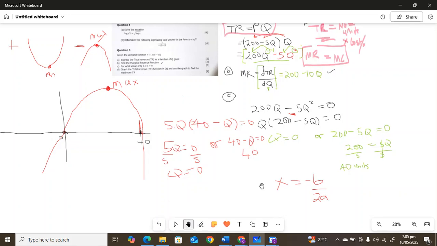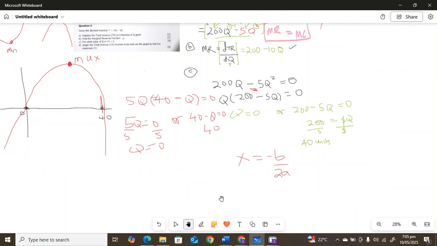To get your x coordinate for the maximum value for a quadratic equation, it's x equals negative b over 2a.